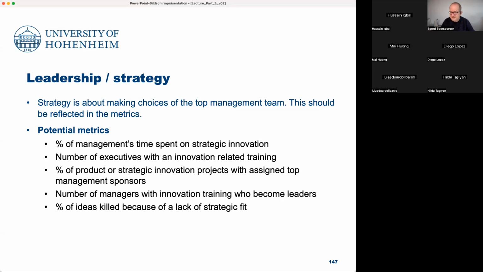Of course, this is the idea of open innovation. Once you find something that doesn't fit your strategy, but looks like a good idea, that you try to sell this idea. But I could imagine that 30% is bad. Why? Why is 30% bad?